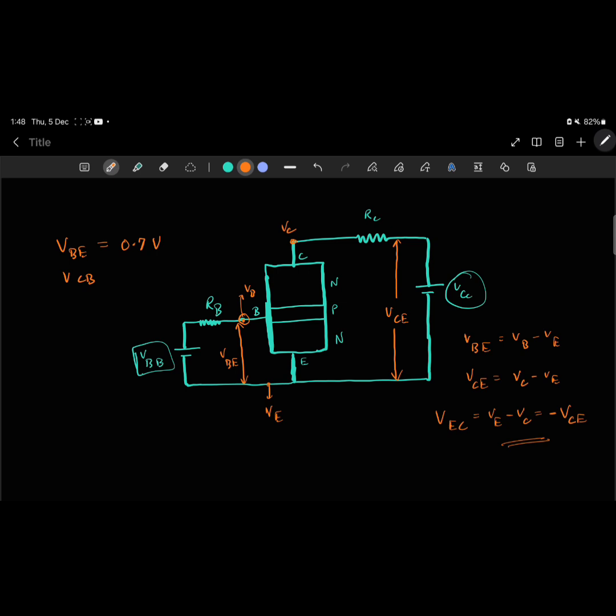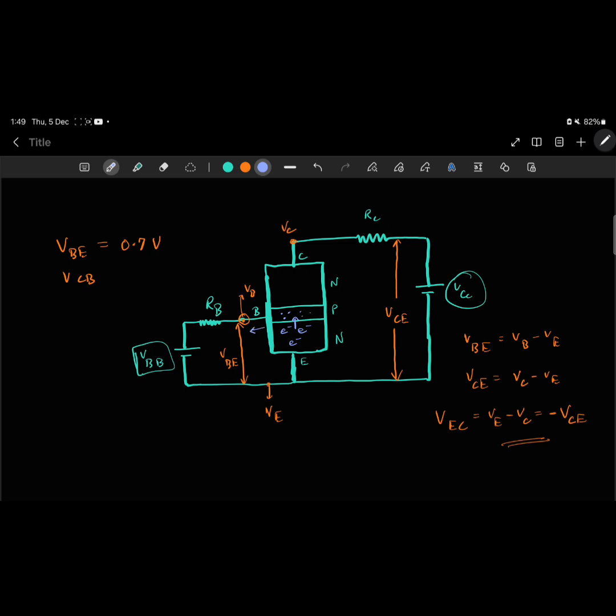So let's dive into the working of the transistor after the biasing has been done. So the heavily doped region over here is the emitter. There are more number of electrons in the emitter which on biasing gets pushed towards the base region. Once the electrons are inside the base region, then they have two pathways.